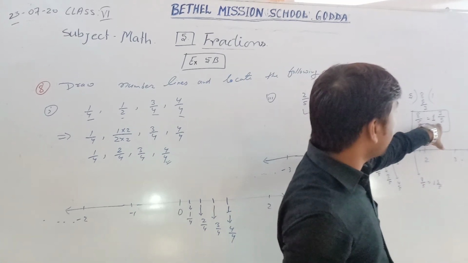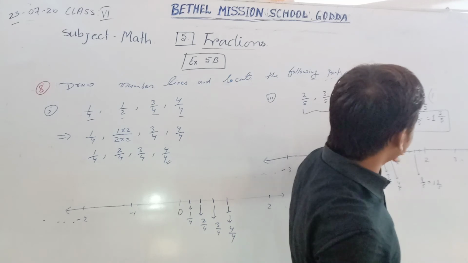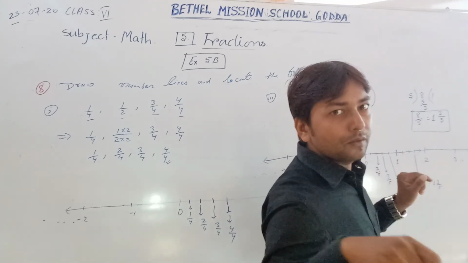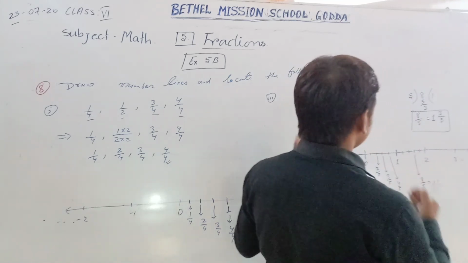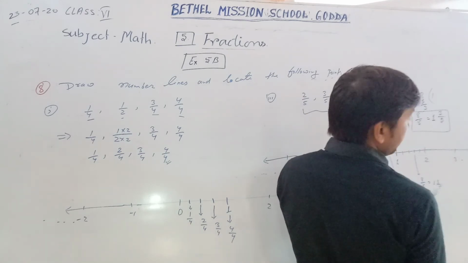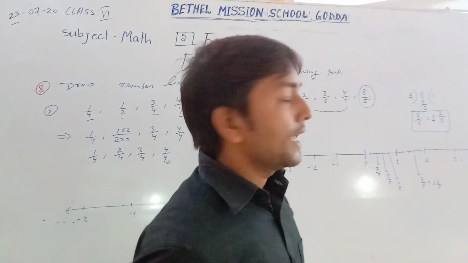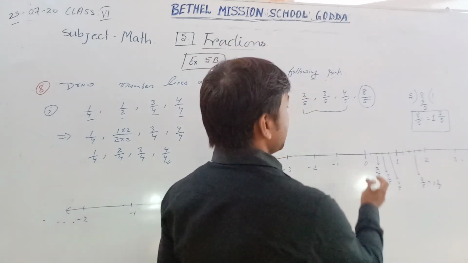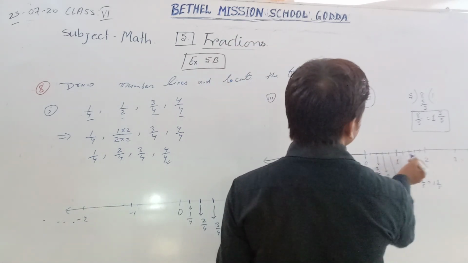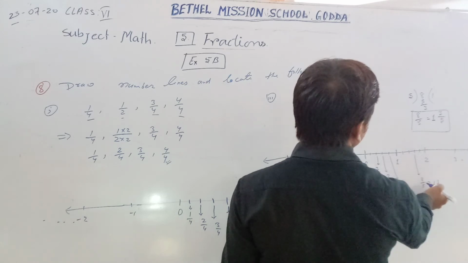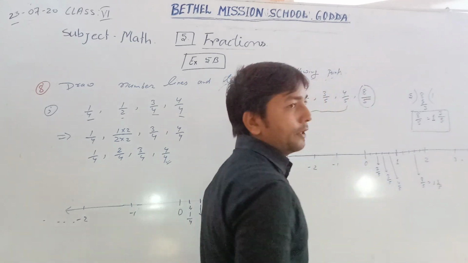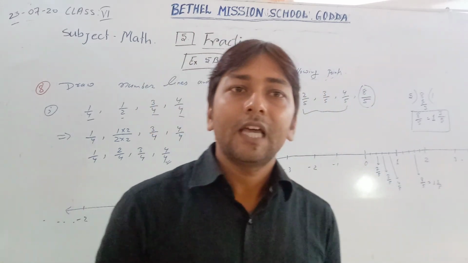If you don't write it this way, then divide each part into 5 equal parts. Between 0 and 1, 5 equal parts, and between 1 and 2 also 5 equal parts. Start counting from 0, and you will find where 8 by 5 is. Okay, I hope you got it.